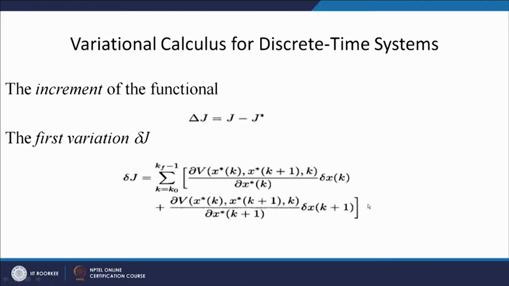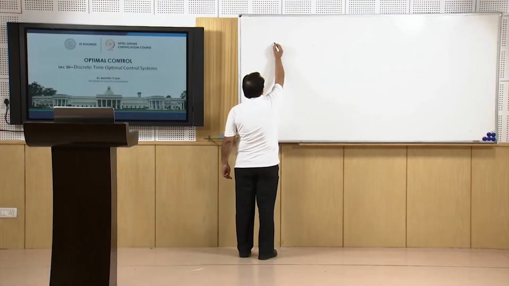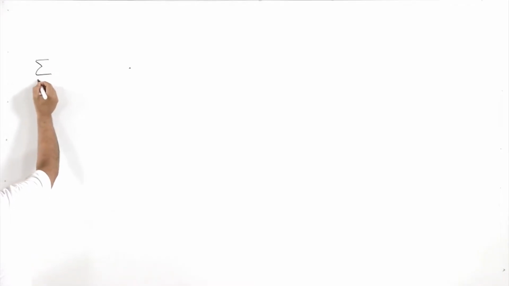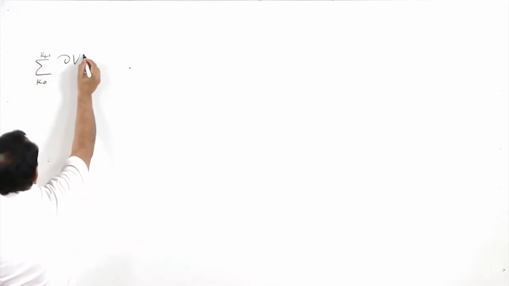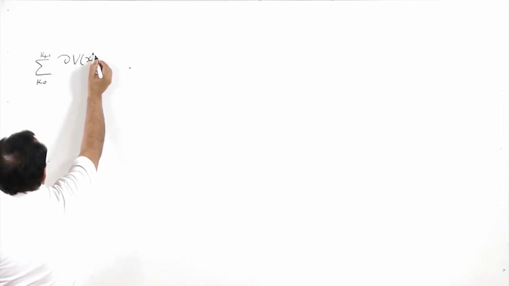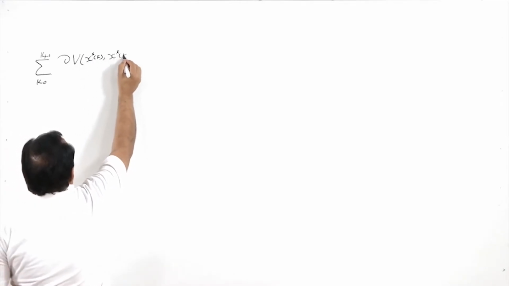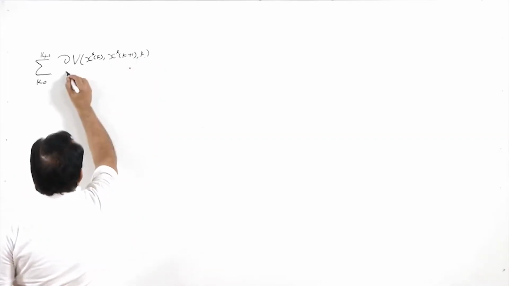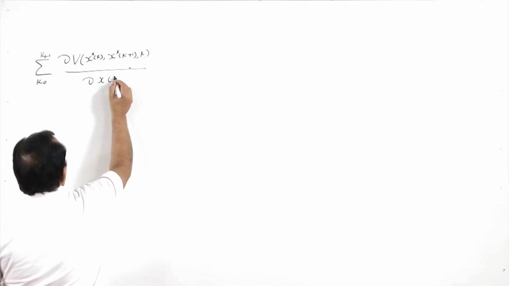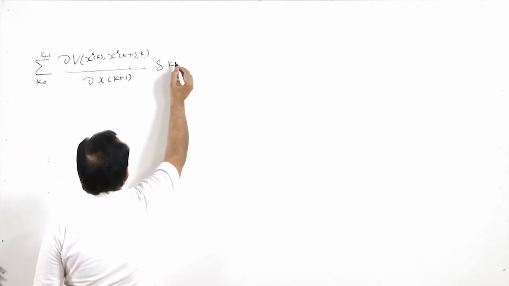So, just consider the second term of delta j, sorry, we consider the second term, sum from k0 to kf minus 1, we consider del v of x star of k, x star of k plus 1, delta x of k plus 1.